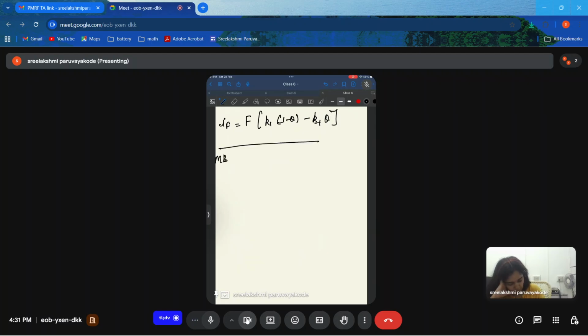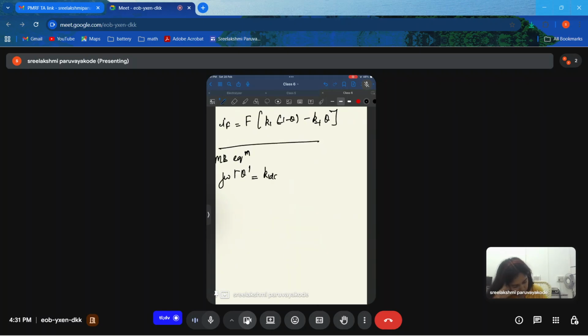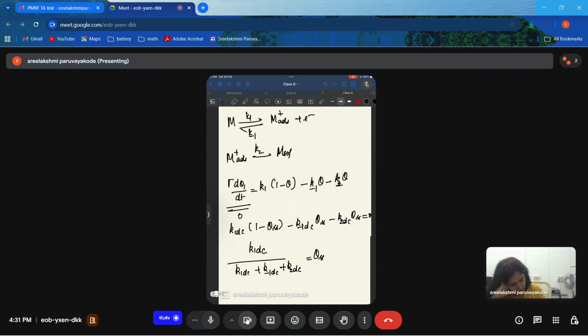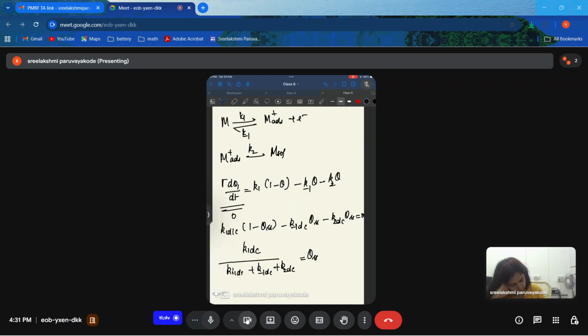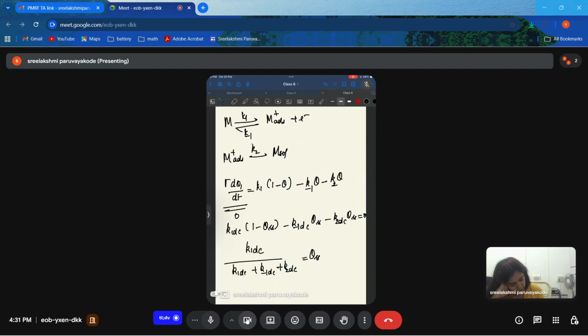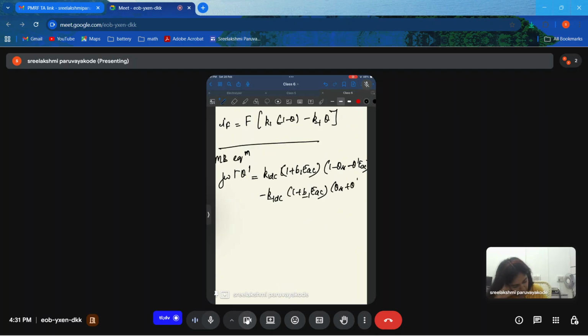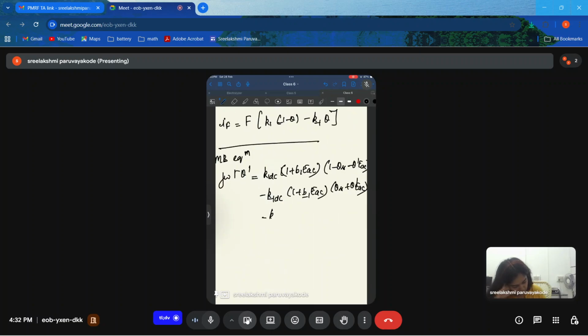So the mass balance equation: j omega gamma theta dash equal to K1 dc 1 plus B1 E_AC, 1 minus theta ss minus theta dash E_AC, minus K minus 1 dc 1 plus B minus 1 E_AC, theta ss plus theta dash E_AC, minus K2 dc.